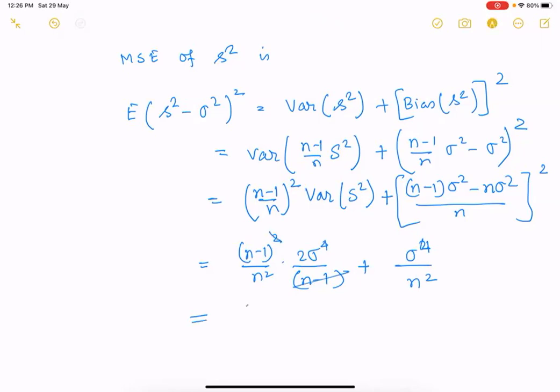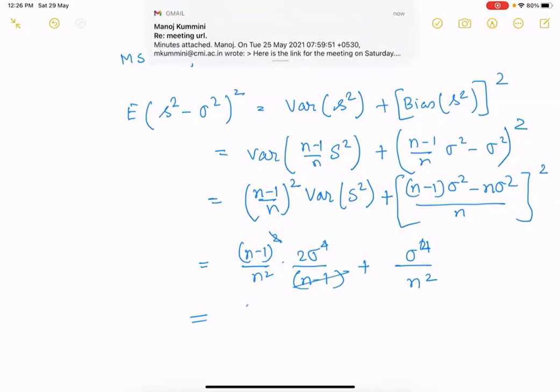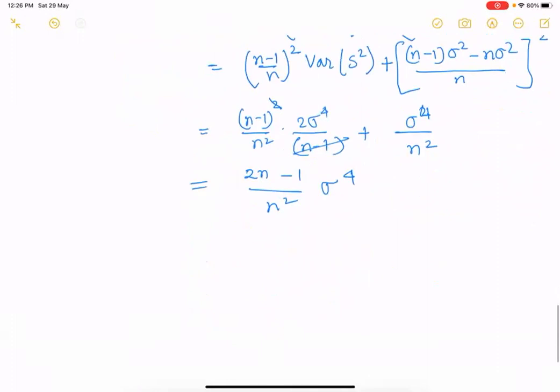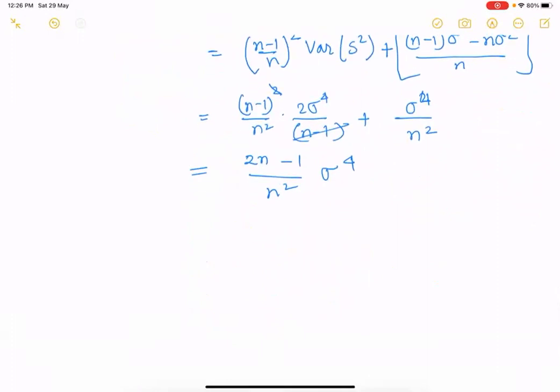So we will get 2n minus 1 by n square times sigma to the power 4. All right. Now the mean square error of small s square is the expected value of small s square minus sigma square, whole square.